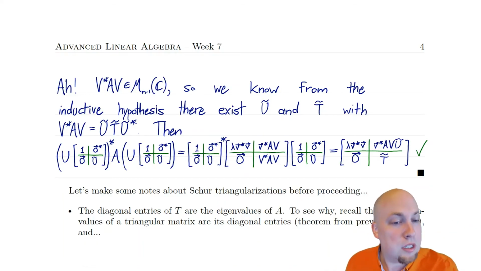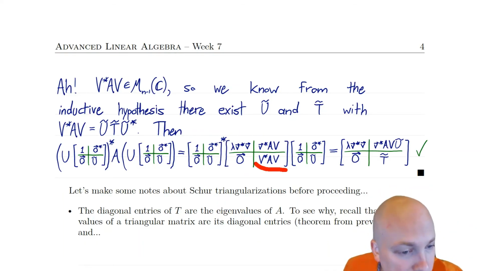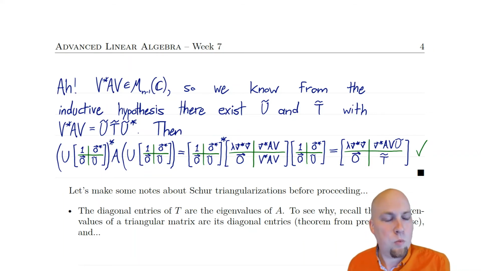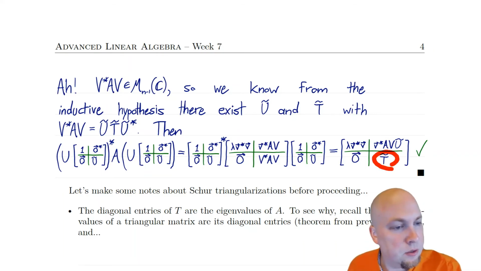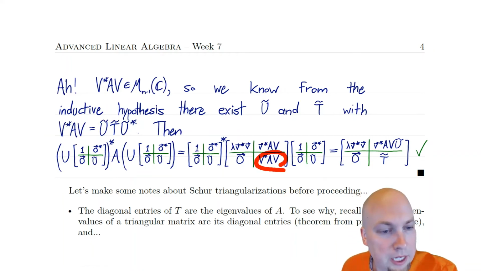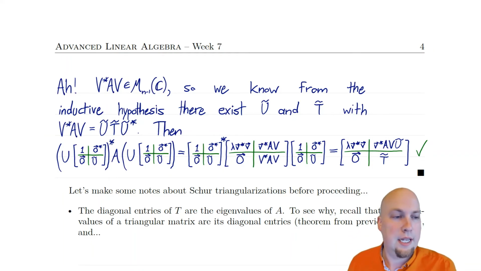But the important point is here in the bottom right corner, you're going to get U tilde star times this thing, and then a U tilde on the right-hand side. And that's going to turn it into T tilde because of this equation here. We're just using this equation in the bottom right corner after we multiply it out. So that'll get us T tilde, and T tilde is upper triangular.